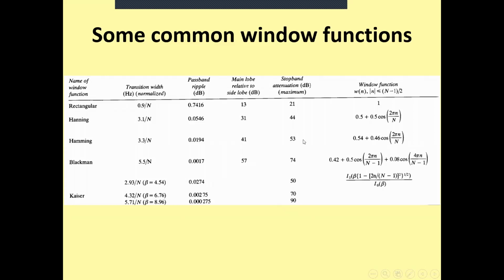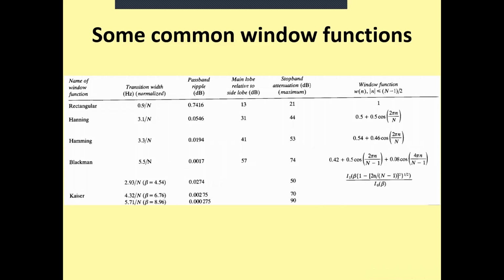Now, after selecting the window type, say it is Hamming window, let us go and pick up the equation of Hamming window. The equation of Hamming window will be 0.54 plus 0.46 cosine 2 pi n over N capital.